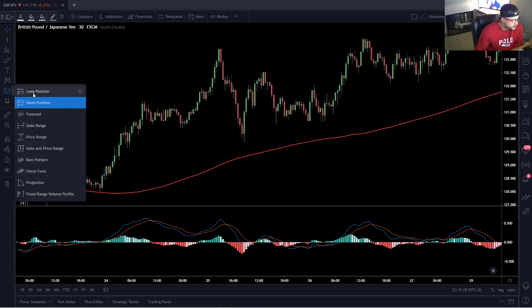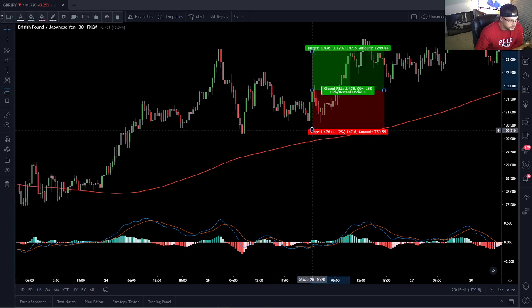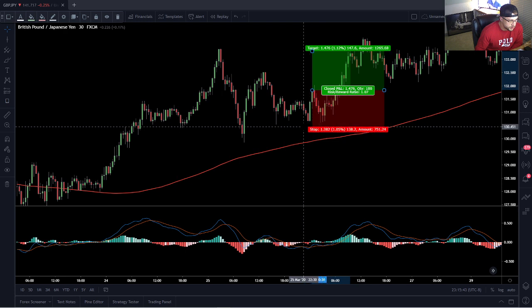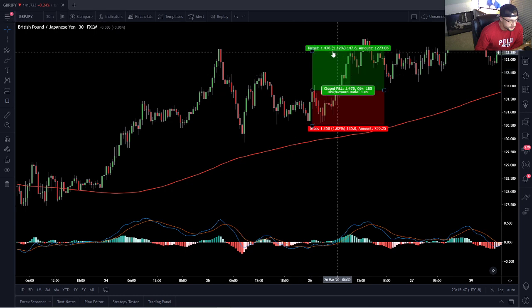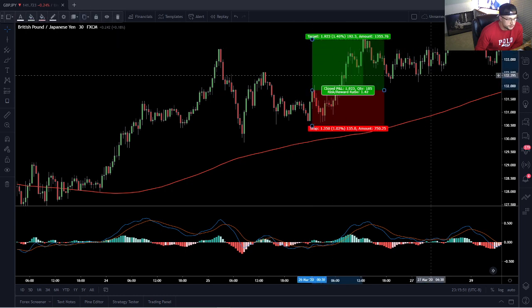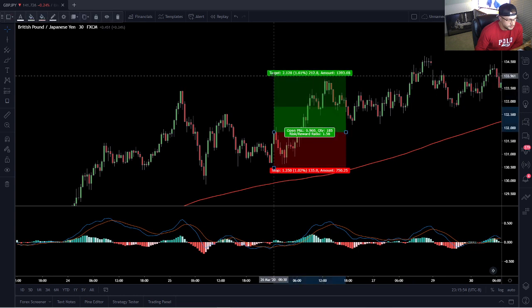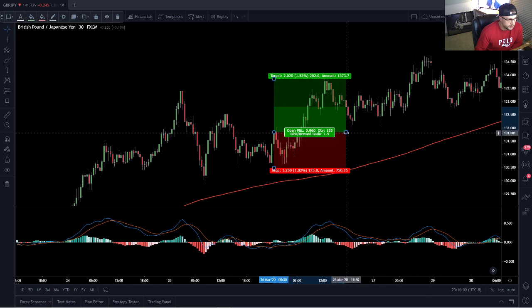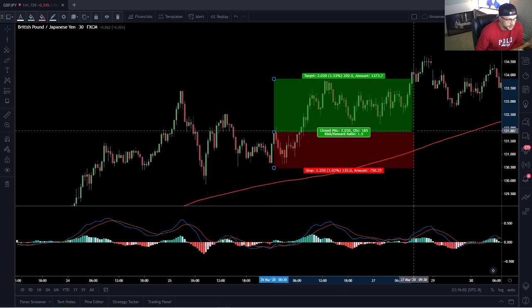Whoops, we need a buy trade. Just below the low. I'm looking at this wick right here. And then a 1 to 1.5. There it is, and we actually have to extend this because we got it right there.